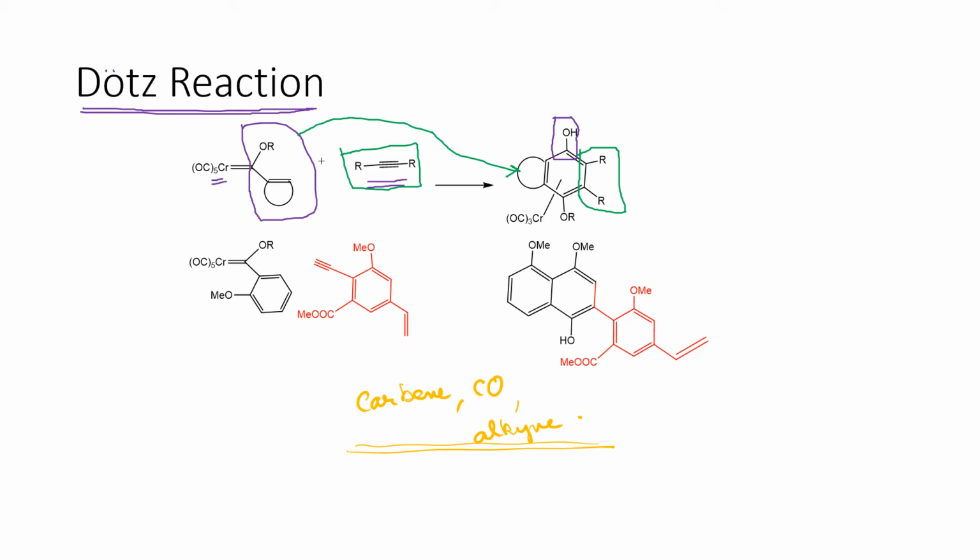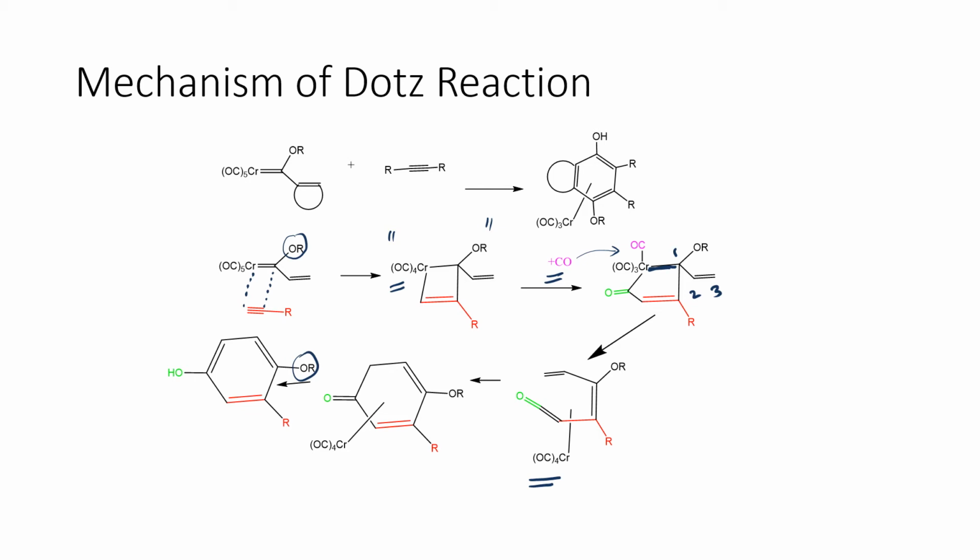It is not so easy, but one can do that in this case. So let me proceed. So here is a carbene, and I have drawn the arene moiety as a ring system. You'll notice that a carbene is a single carbon attached to the metal, and you have a C triple bond C as the two reactants.